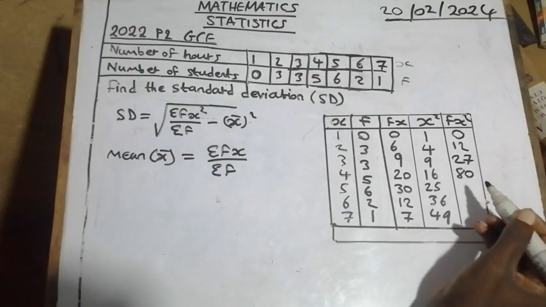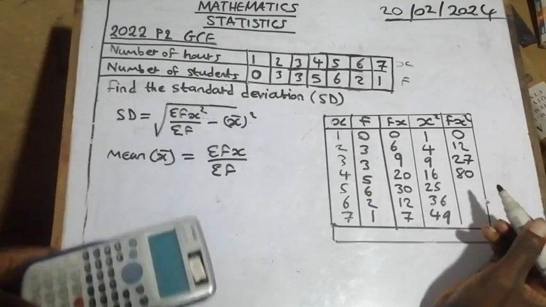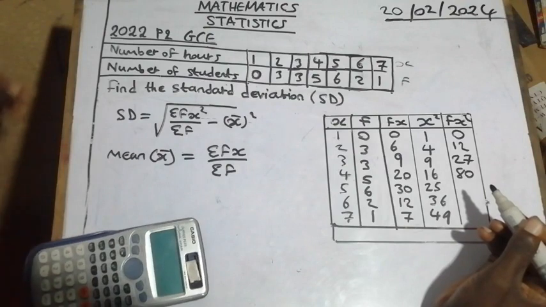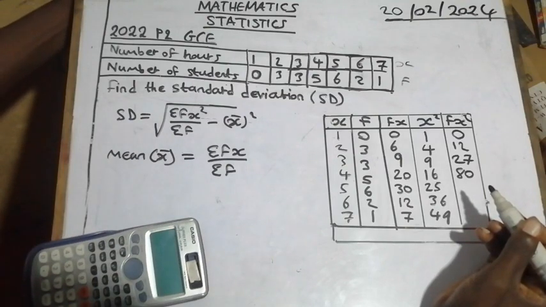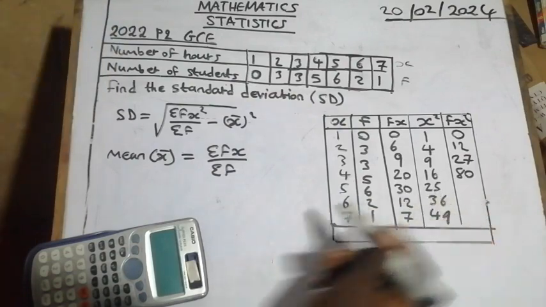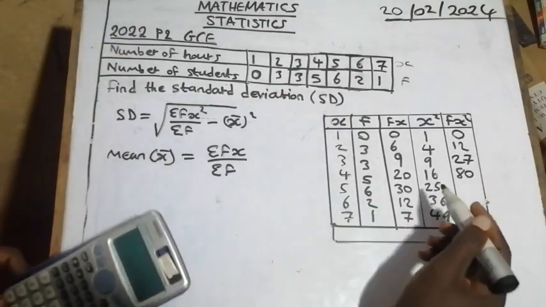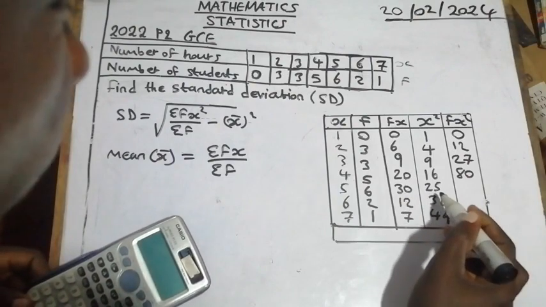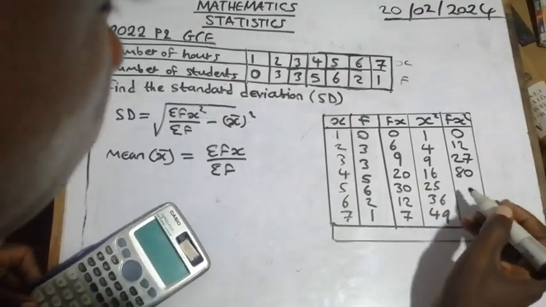So you have to get a calculator if you are not sure of your arithmetic. If you punch on the calculator, 25 times 6, we get 150.